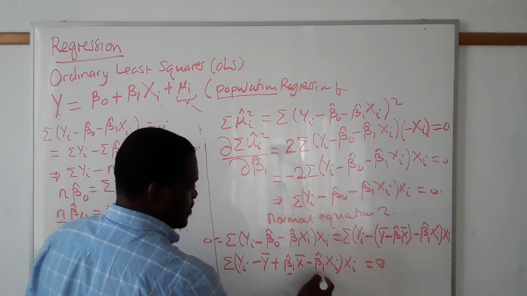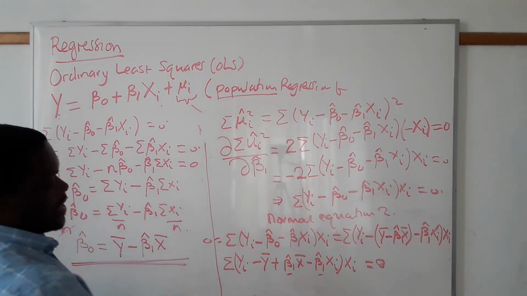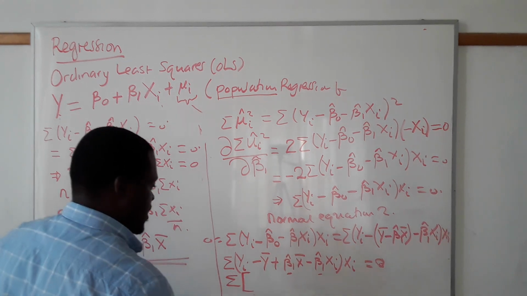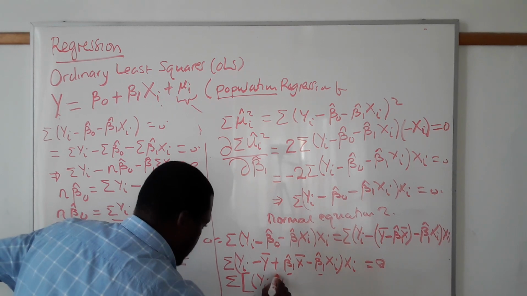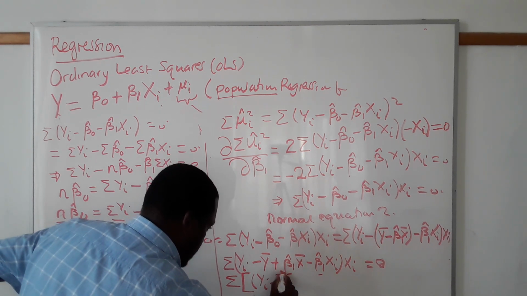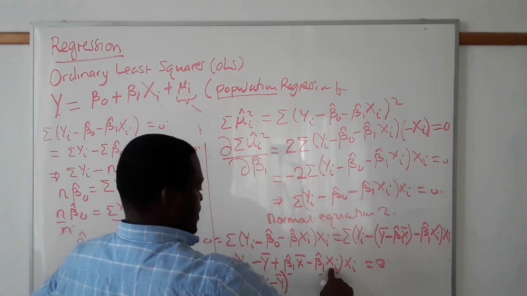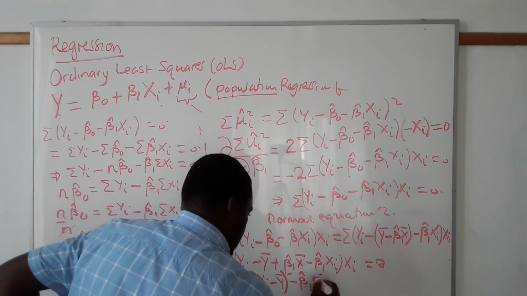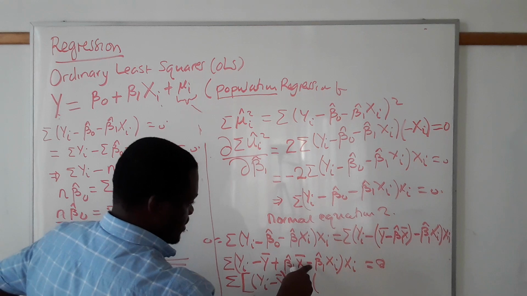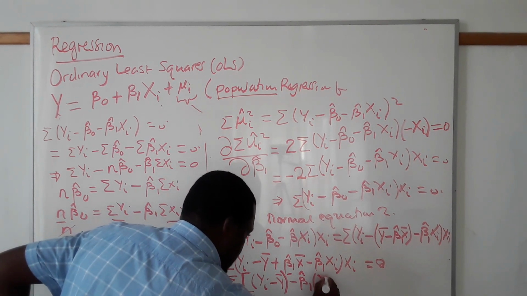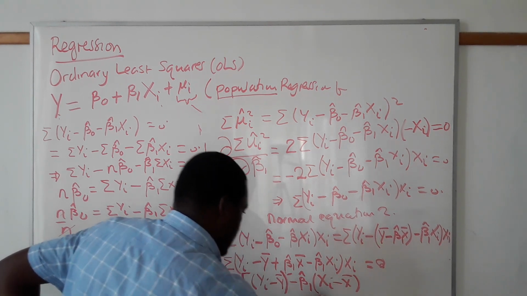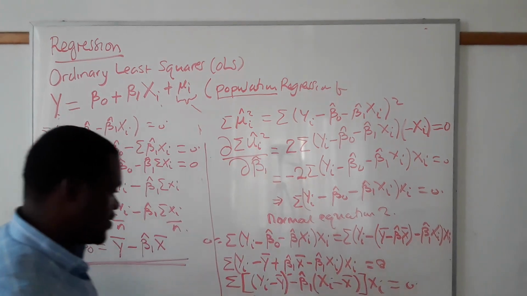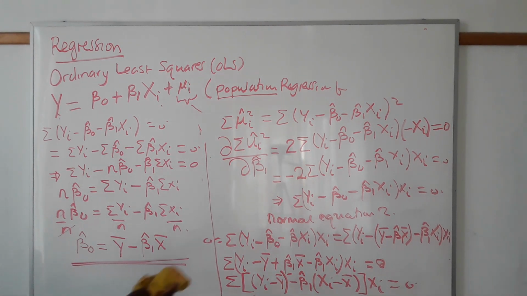I see here there's beta 1, there's beta 1, so I can factorize, and here I have terms in y only, so this can be written as the sum of, and I can open my corner bracket, yi minus y bar is one component of this, and I want my xi to subtract my x bar, so I'm going to factor out minus beta hat 1, and in doing so, we now have a plus there, so we'll start by xi and end by x bar, and then we close brackets, we have our xi outside, and we say this is equal to 0. Now what you observe is we can easily rearrange this.